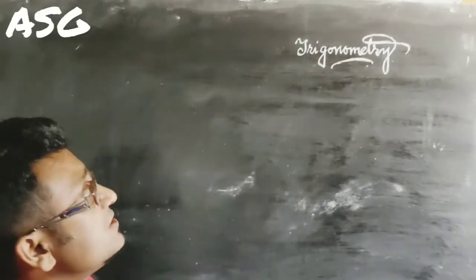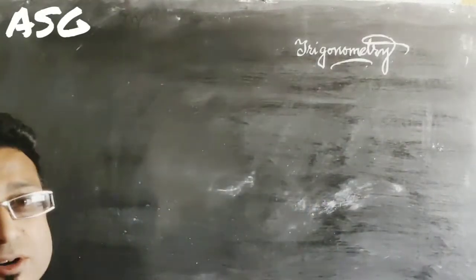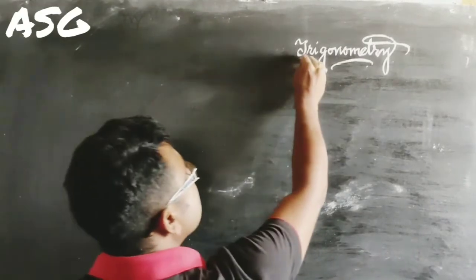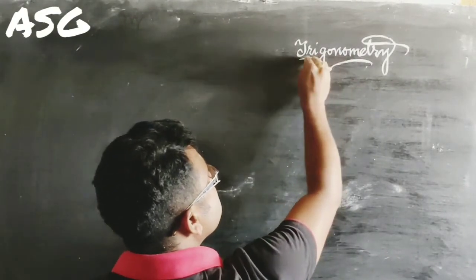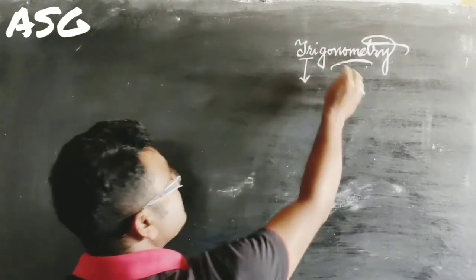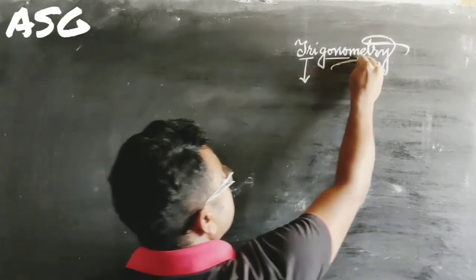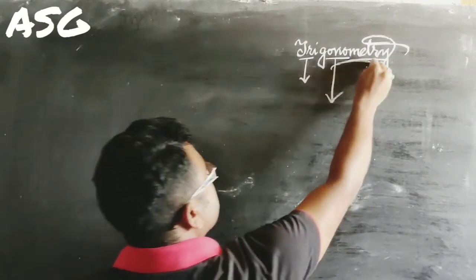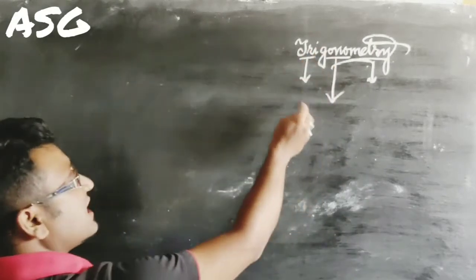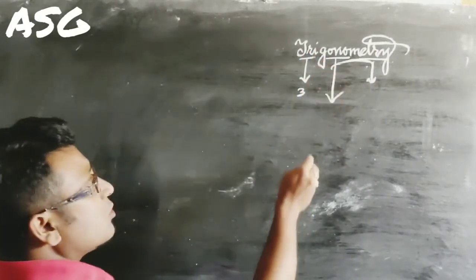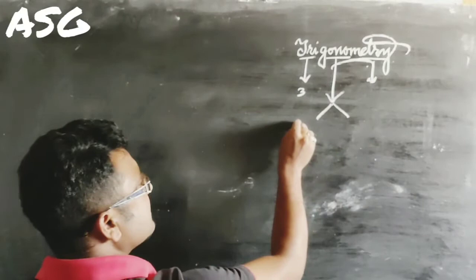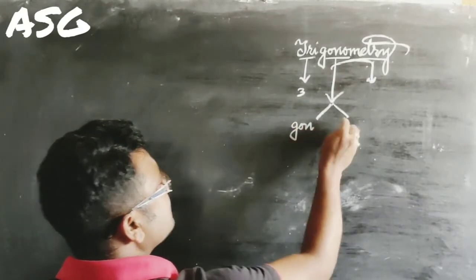Now let me start with the name of the chapter, that is trigonometry. Here, as you can see, three basic words are there. Tri, from the first word, means three. The word gono might have been derived from the word gon, or it may be derived from the word gonia.